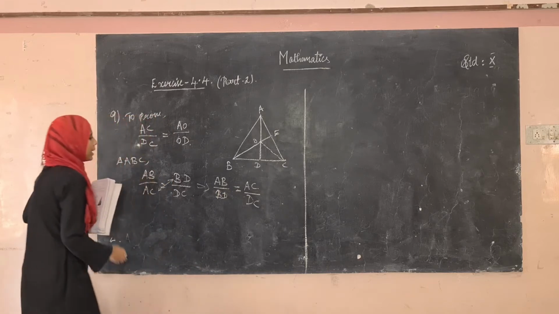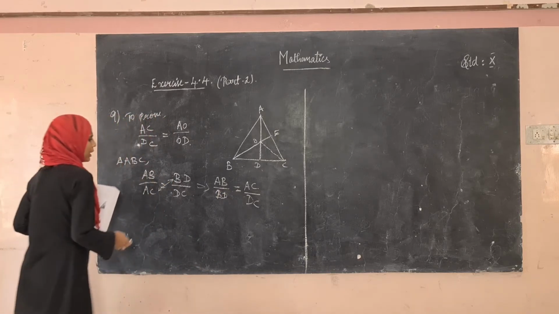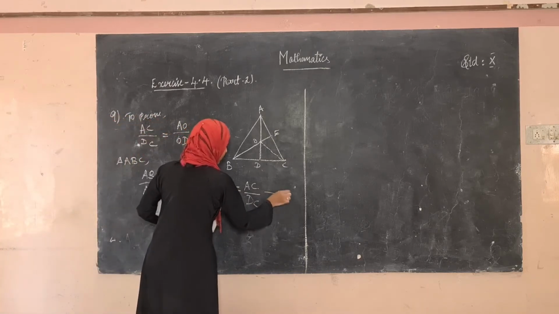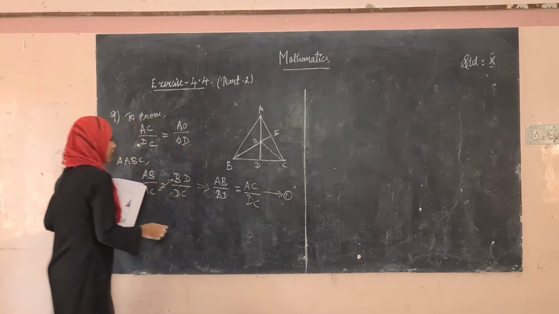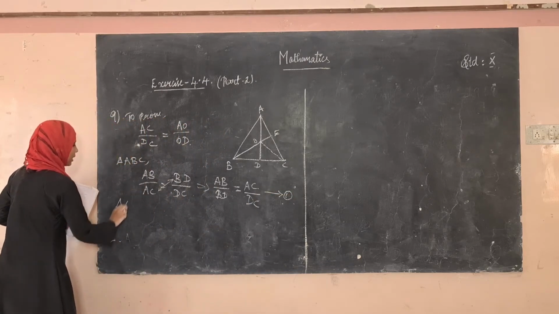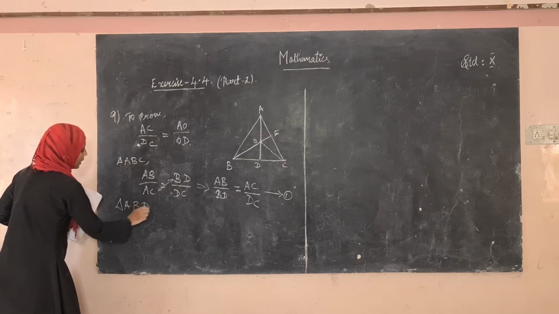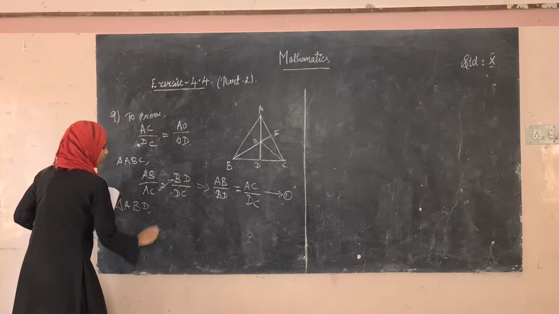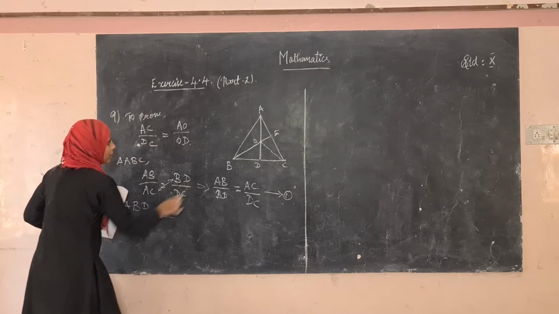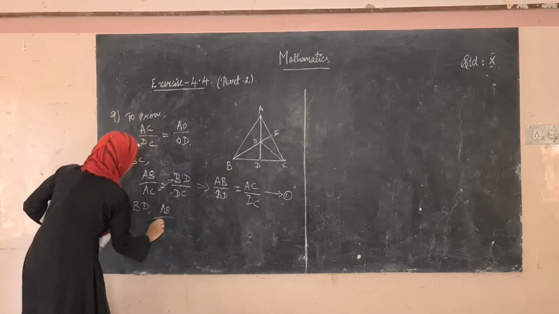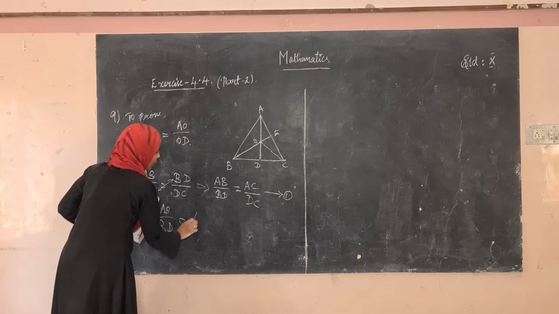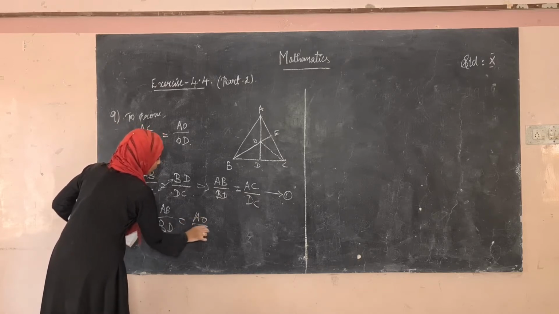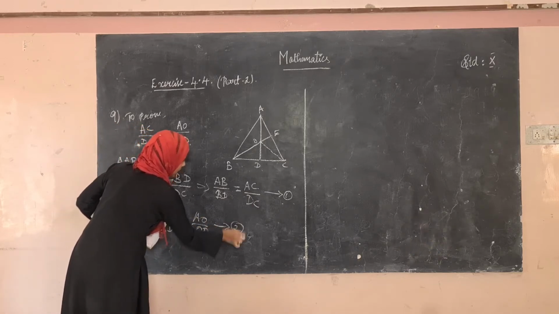Let us take this as 1. Again, let us take the triangle ABD. From triangle ABD, AB divided by BD is equal to AO divided by OD. Let this be the second equation.